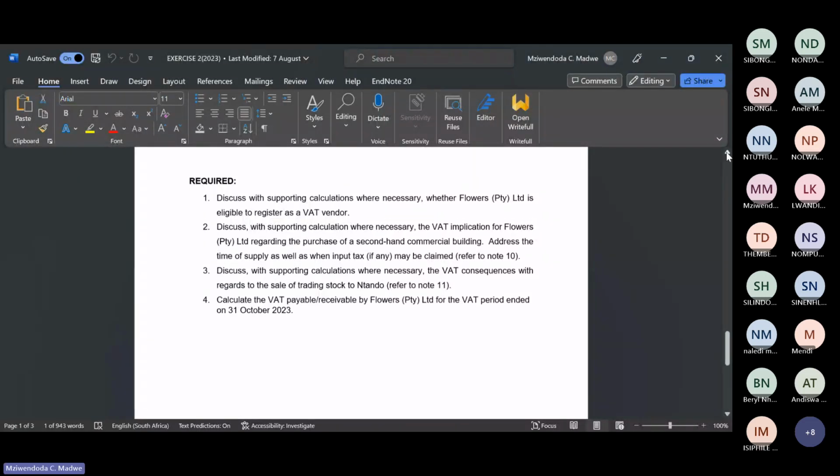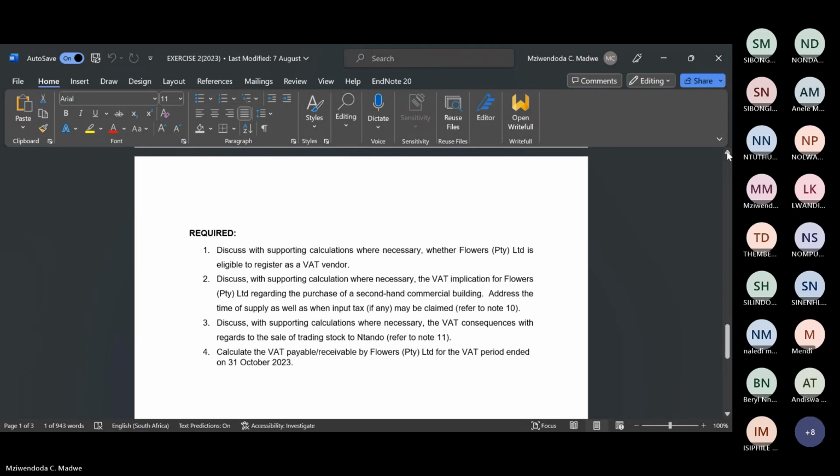Okay, let us go to requirement 1. So requirement 1 says, discuss with the supporting calculation where necessary whether Flower Ltd is eligible to register as a VAT vendor. Okay, this is just one of the questions.